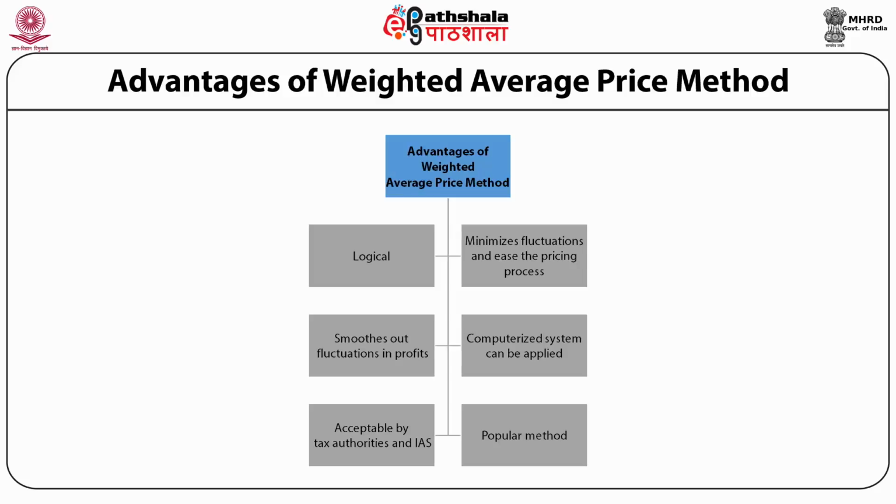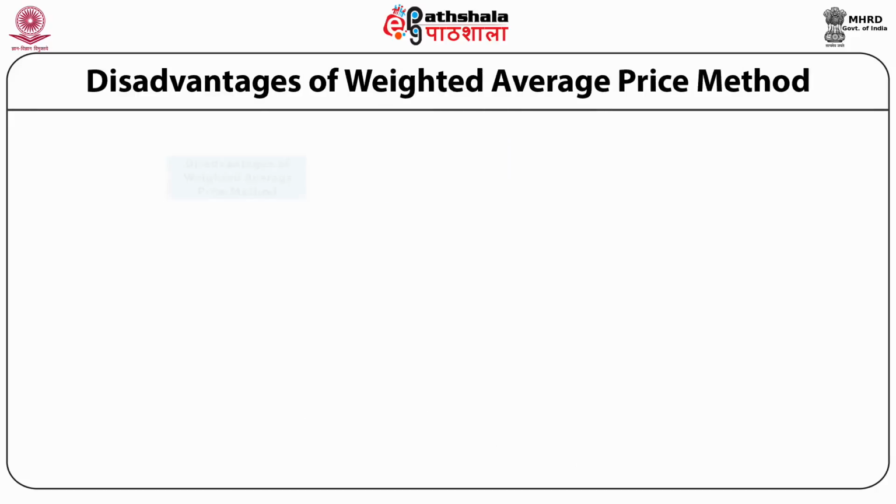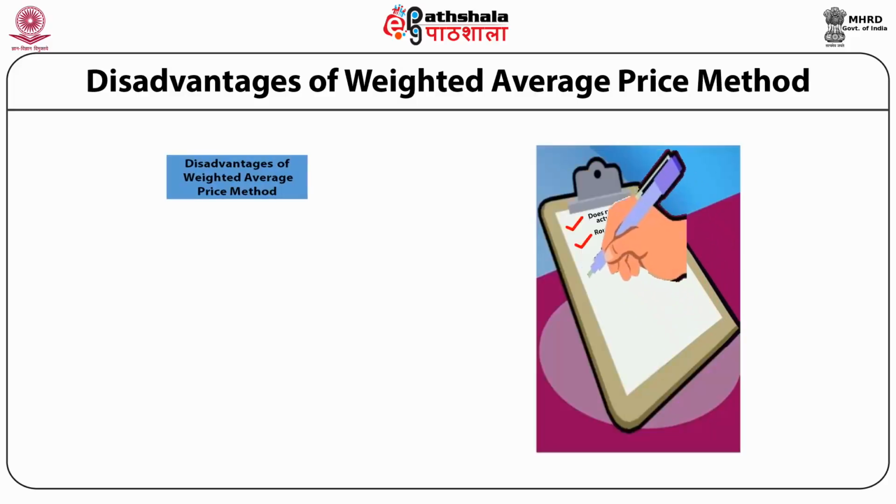This method is also acceptable to tax authorities and Indian accounting standards, and it is a popular method which is used in organizations. This figure makes clear that this method is logical and popular. Next, the limitations of the weighted average method.